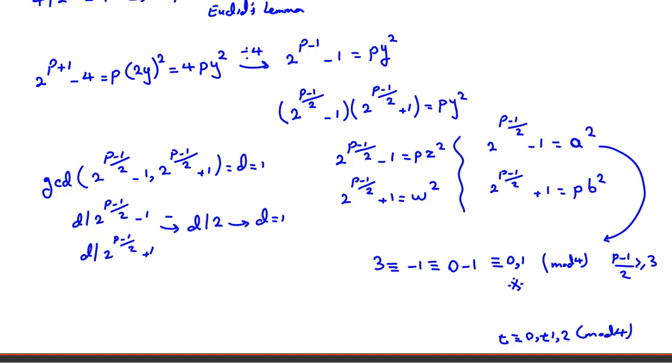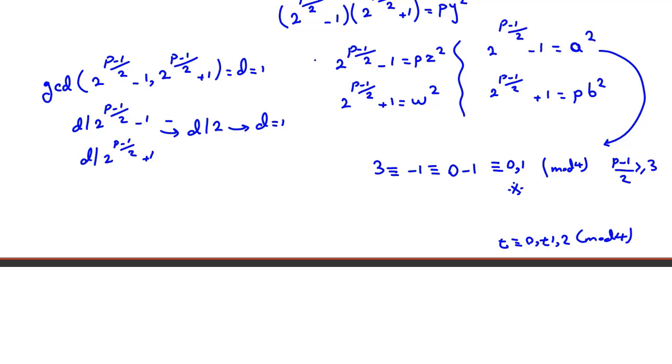Now let's consider this other case. We say 2 to the p minus 1 over 2, this one is the first, and this one is the second. By the second one, 2 to the p minus 1 over 2 plus 1 is w squared.